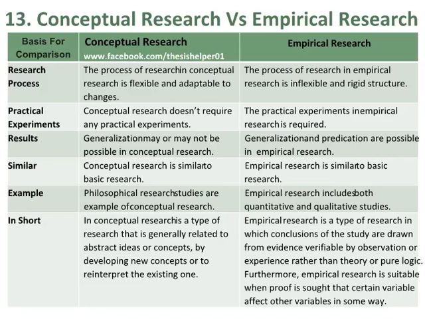Generalization may or may not be possible in conceptual research, whereas generalization and prediction are possible in empirical research. Conceptual research is similar to basic research, whereas empirical research is similar to applied research. Philosophical research studies are examples of conceptual research, whereas empirical research includes both quantitative and qualitative studies.